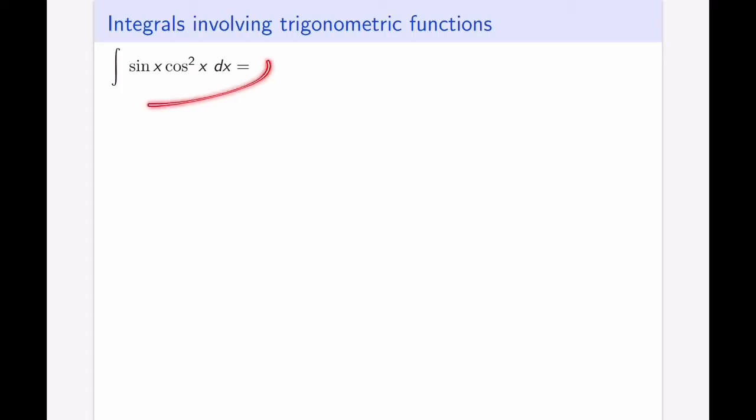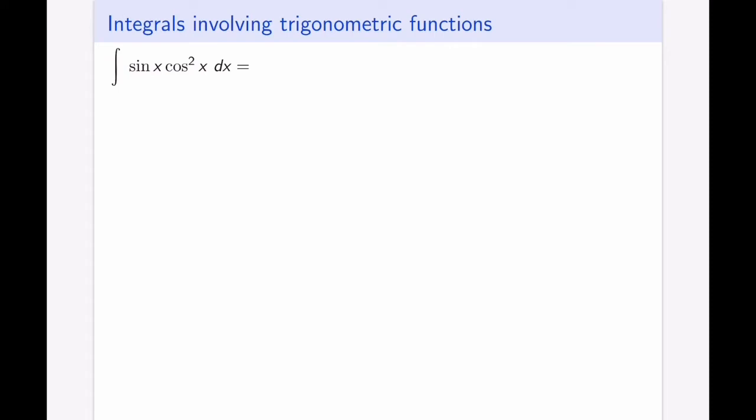So let's take a look at this first one here. I have sine x times cosine squared x. This is one of the integrals that we likely have seen before or something similar to it. You notice that both sine and cosine are present here, and therefore there is hope that a simple substitution will work.